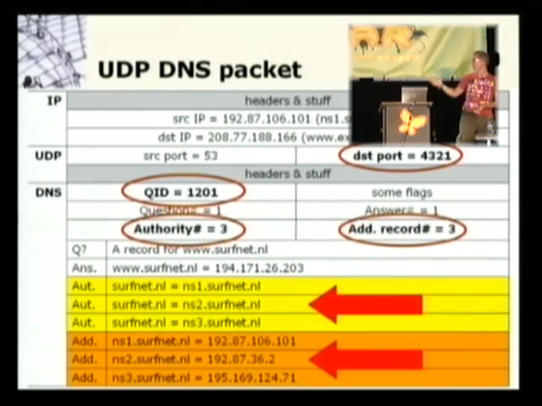So what happens now, if the resolver receives such a packet, it will not only cache the answer for www.surfnet.nl, but it will also cache the answers that are in the additional section, which is the IP addresses for the name servers. So the next time someone asks for an address in the surfnet.nl domain, for instance, mail.surfnet.nl, it already knows which name servers to query for this answer.